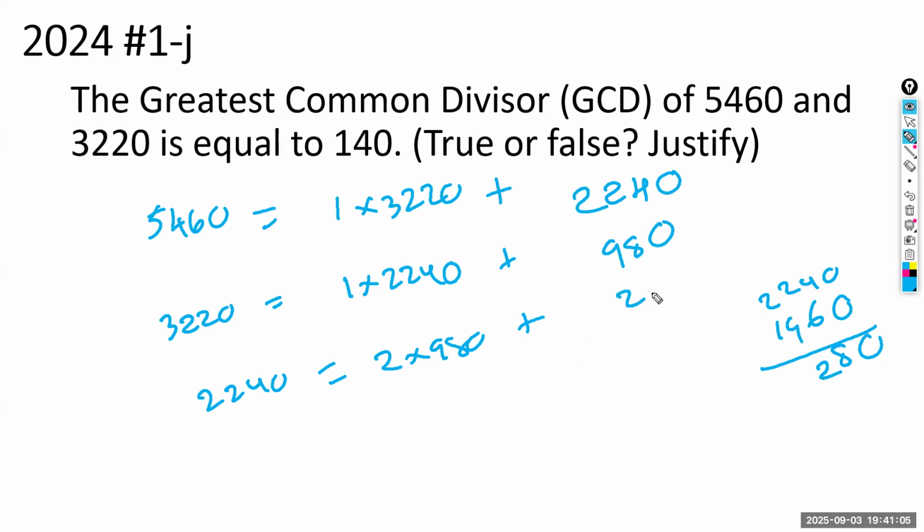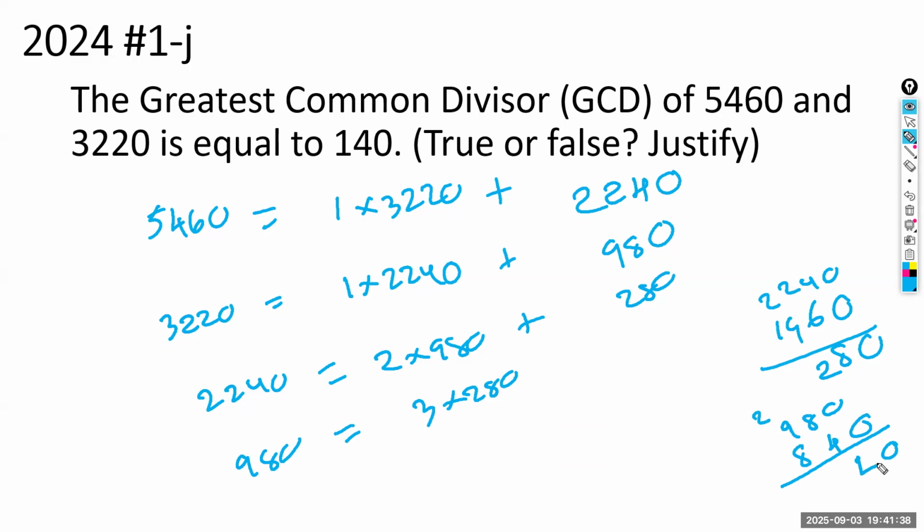Then I can write 980 as how many 280s? 3 times, that is 840. 980 minus 840 is 40.